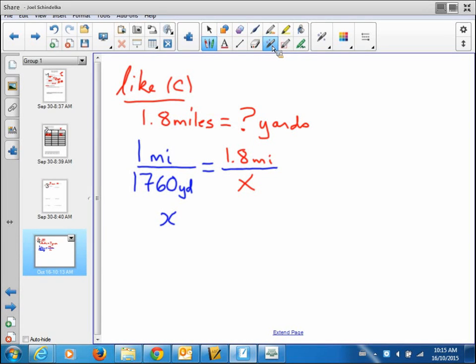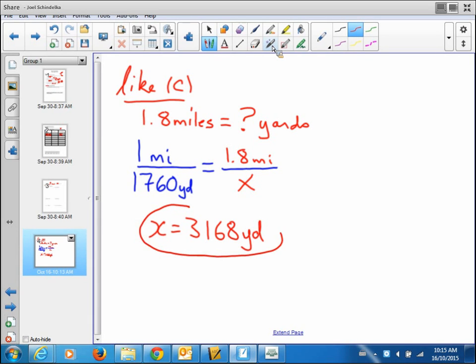X equals 3,168. Remember what X was? It's measured now in yards. All of those are set up that way.